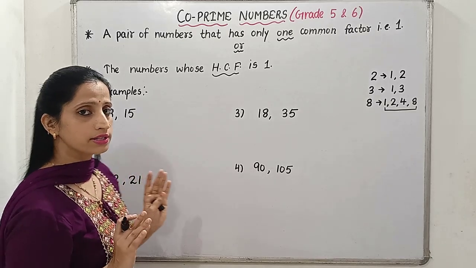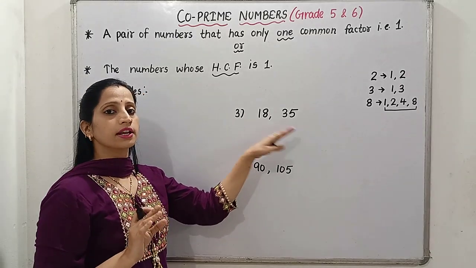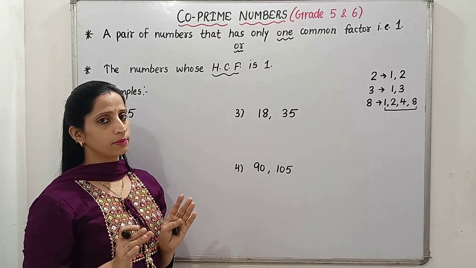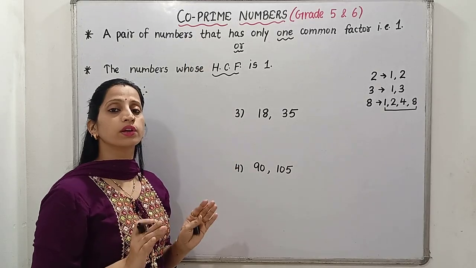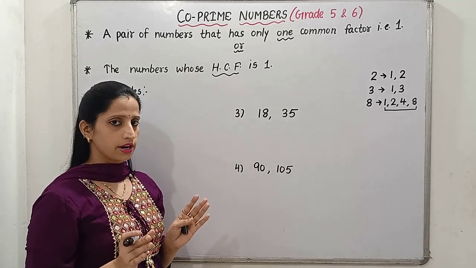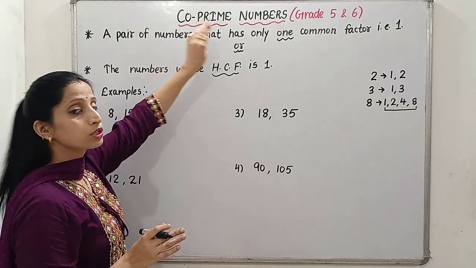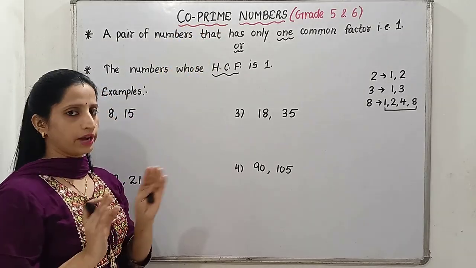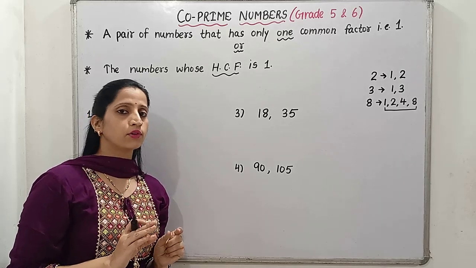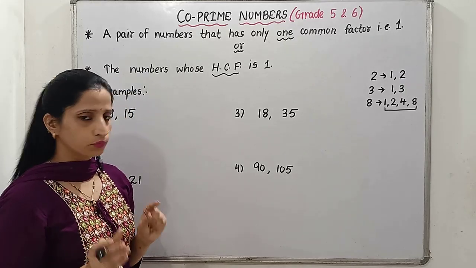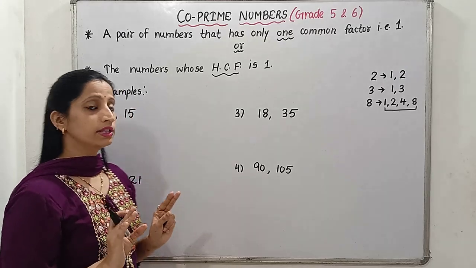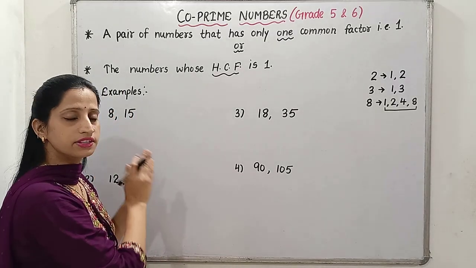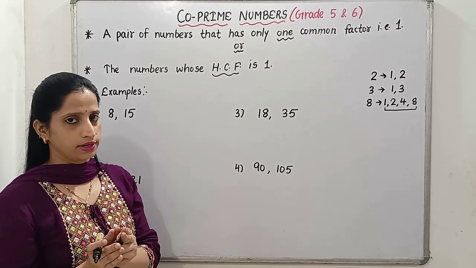So it is not necessary that the given numbers will always be prime numbers. No, prime numbers and co-prime numbers are totally different topics. Understood? For co-prime numbers, we only have to check the factors. If they have only one common factor, that is 1, meaning they don't have any other common factor, that means that pair will be considered co-prime numbers.